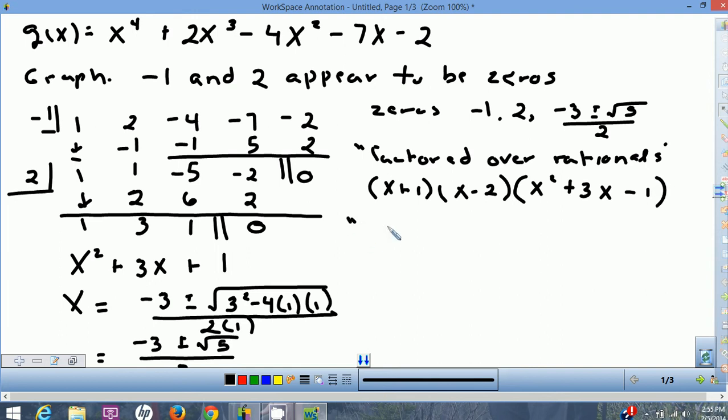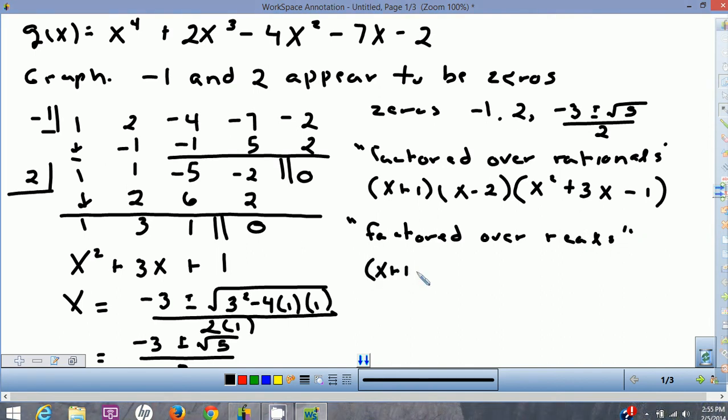Factored over the reals, then I can use my irrational numbers, because it doesn't matter whether they're rational or irrational at that point. So factored over the reals, my factors are x plus 1, x minus 2.